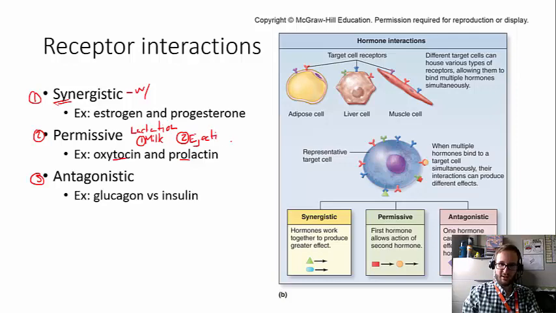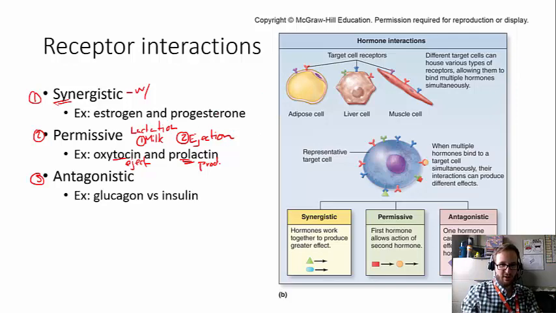You can't lactate without both of these things occurring. Prolactin is responsible for helping the breast produce milk, and oxytocin is responsible for helping eject the milk. So both of these things have to happen together, and so it's a permissive response. If both of them aren't present, then you don't have the action.